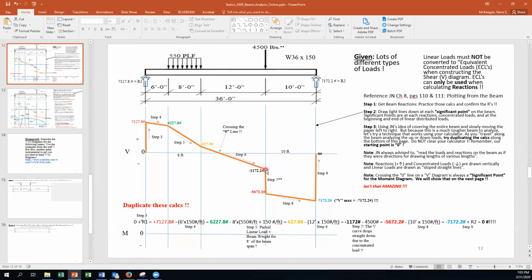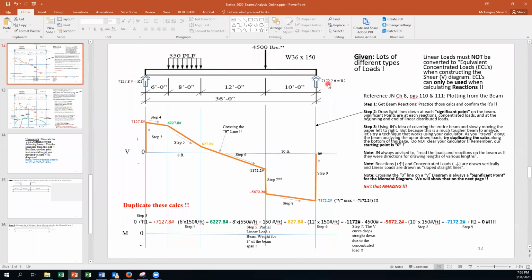That'll give you another shear curve. Then you drop down 4,500 pounds. Then, as you walk along the beam, you drop down 150 pounds per foot. And then you walk back up the magnitude of that reaction. So each span that is just beam weight should slope at the same rate.